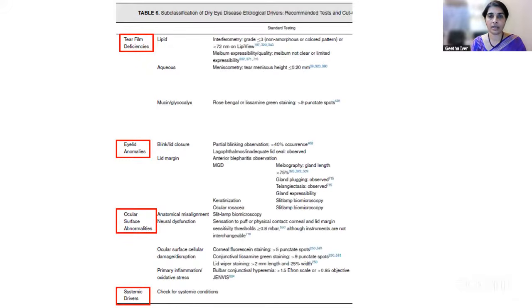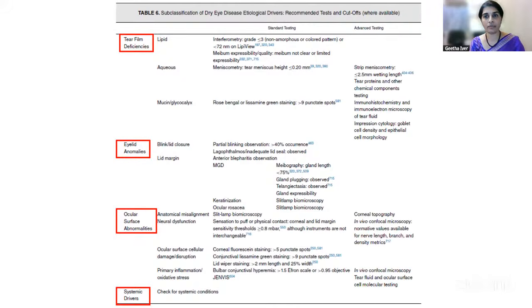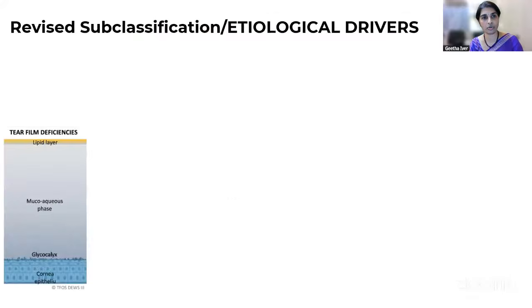Subsequent to that are the standard testing modalities for each of these etiological drivers, which will help us understand whether these drivers exist in our patient or not. And finally, the advanced testing, which helps us confirm, or establish to some extent, whether these drivers exist or not.